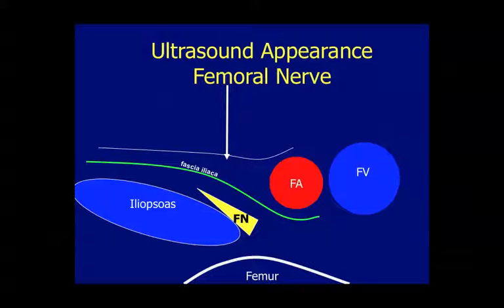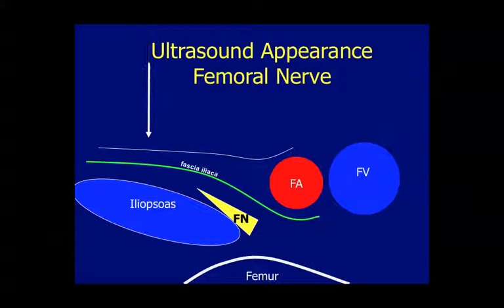A former method of performing this block included advancing a needle directly in line with the nerve. Unfortunately, with this technique, there was a possibility of causing painful paresthesias and possibly nerve injury.